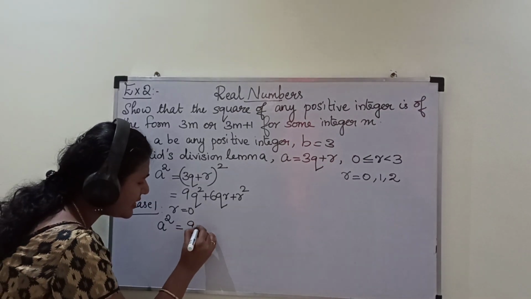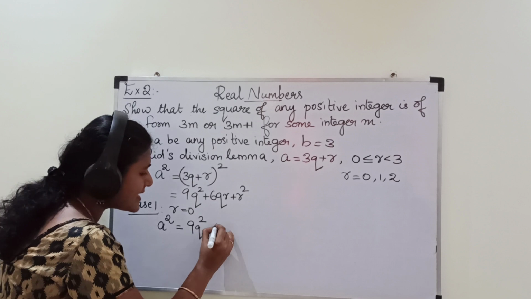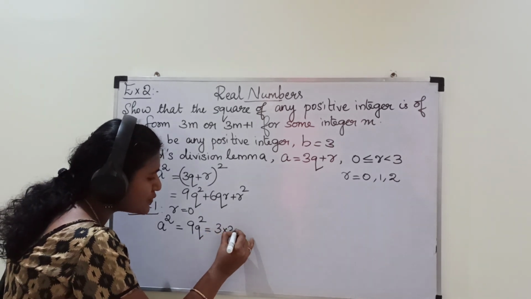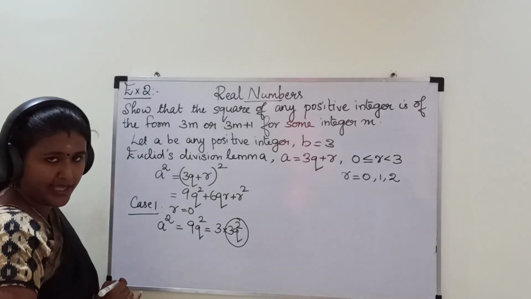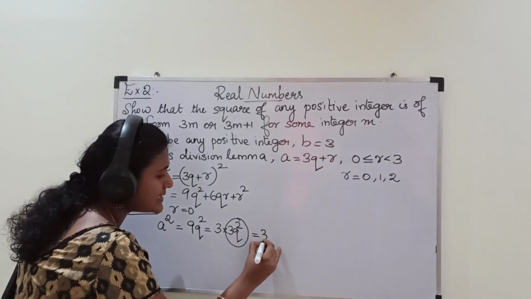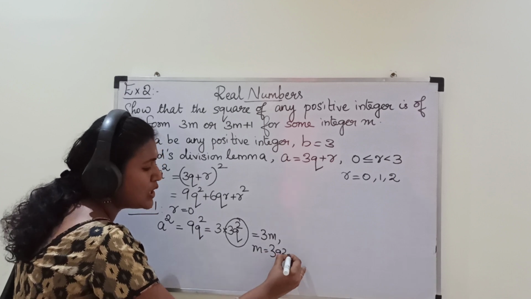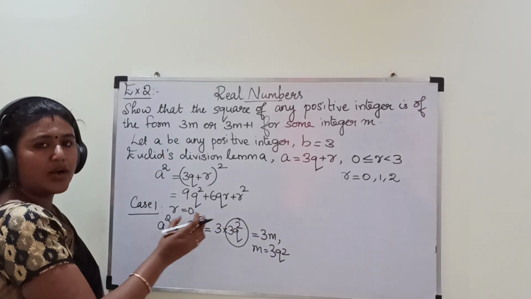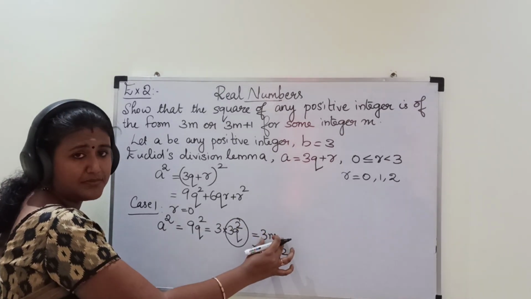So a square equals 9q square, which we can write as 3 into 3q square, and this 3q square we will denote by m. So we get the 3m form where m is equal to 3q square. So in the first case we got that the square of any positive integer is of the form 3m.